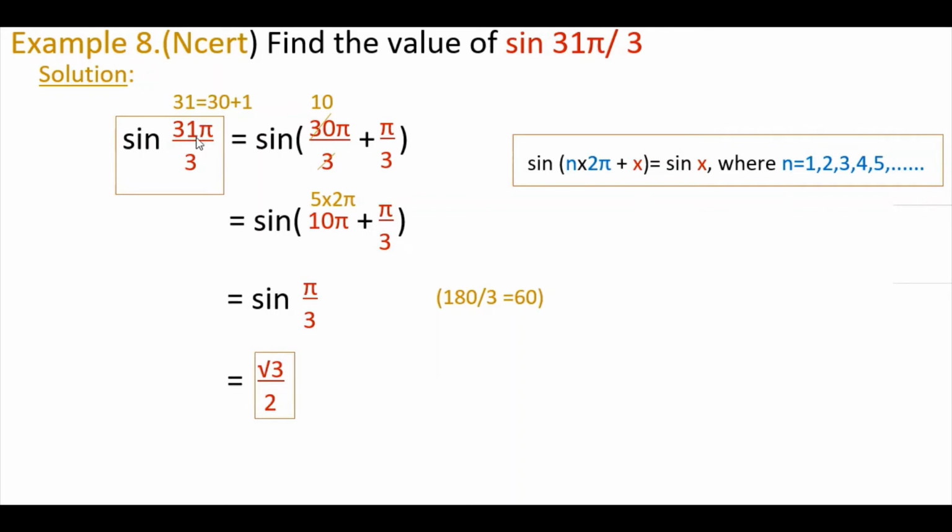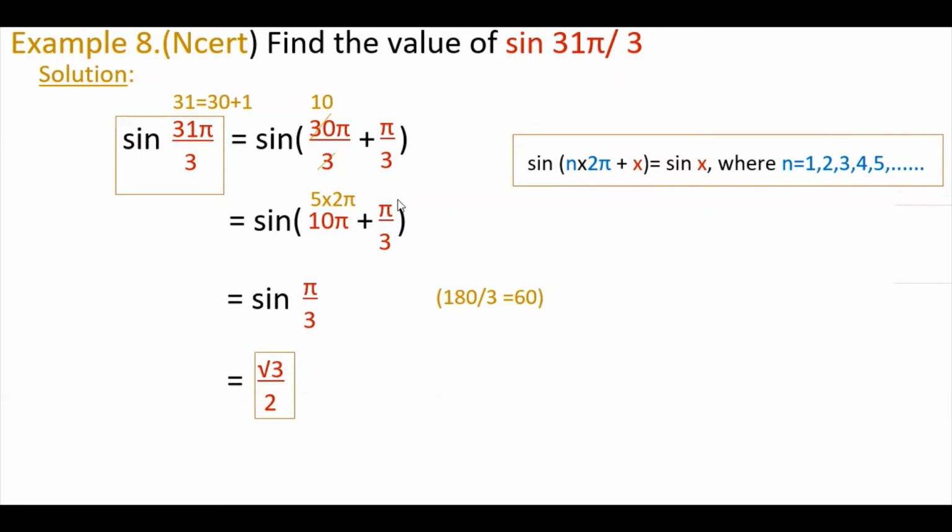Why are we dividing like this? If you see here, you will understand, because 10π means 2π into 5. You can see this tip: sin of n into 2π plus x is equal to sin x. That's why you have to divide it like this. So 10π you can write as 5 into 2π. That means it takes 5 revolutions, so there is no need to consider these revolutions.